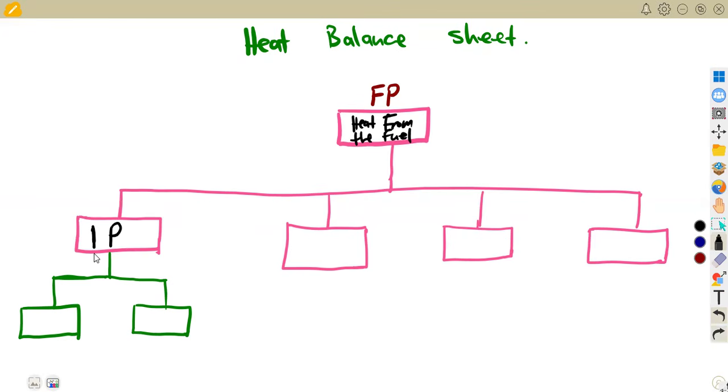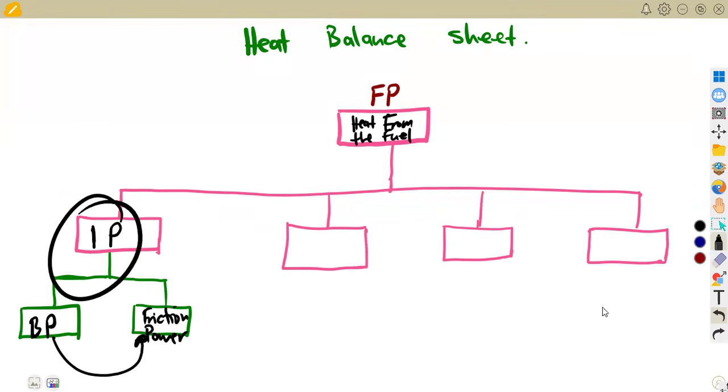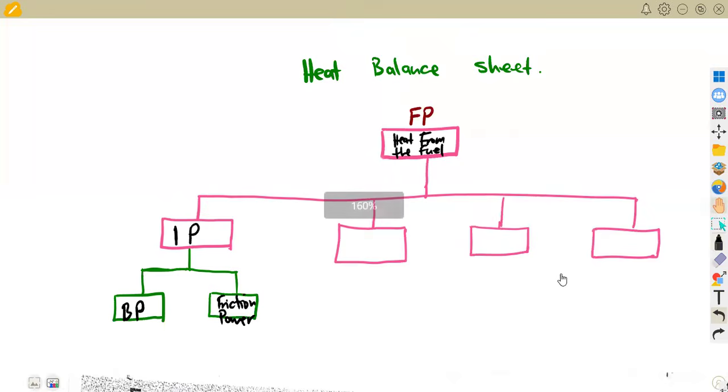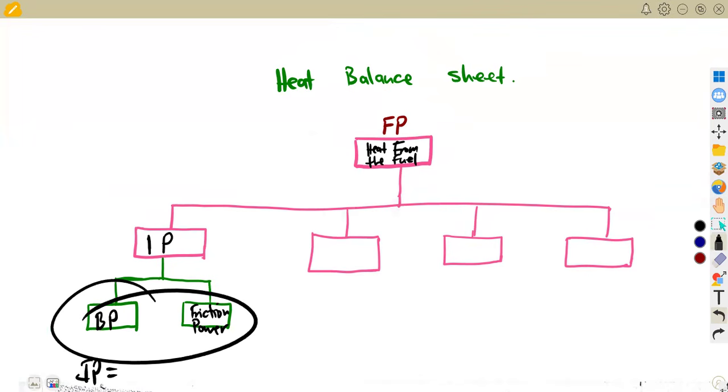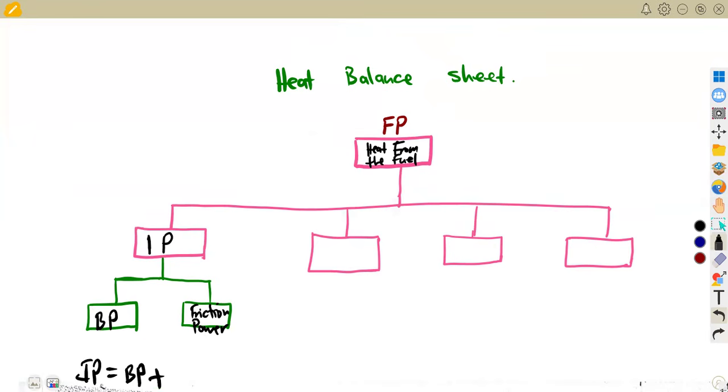So the indicated power is built up of the brake power and the friction power. In actual sense, we are simply saying the indicated power is the sum of these two, that is the brake power plus the friction power.